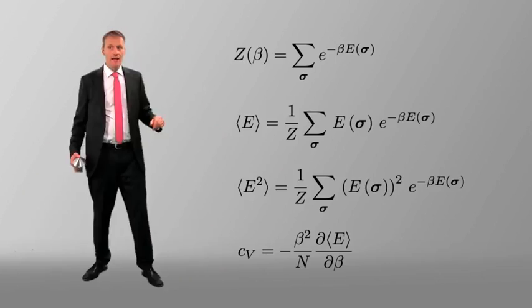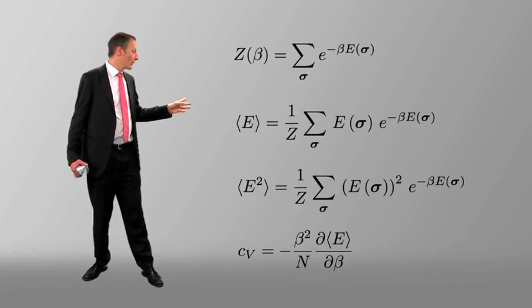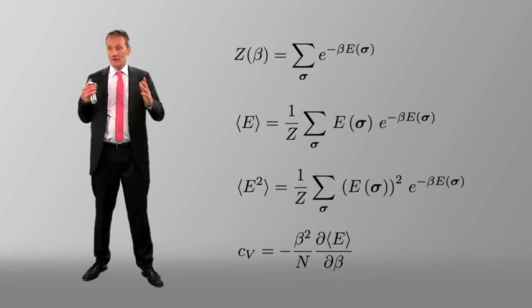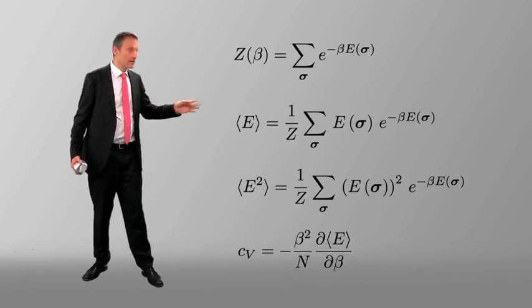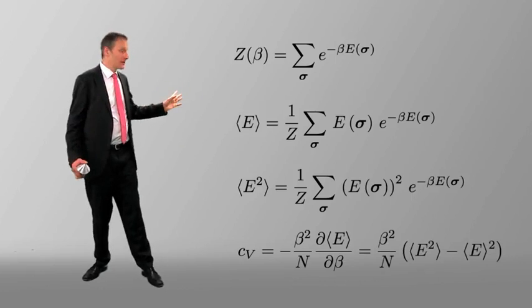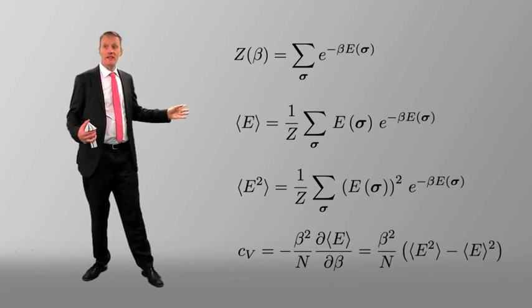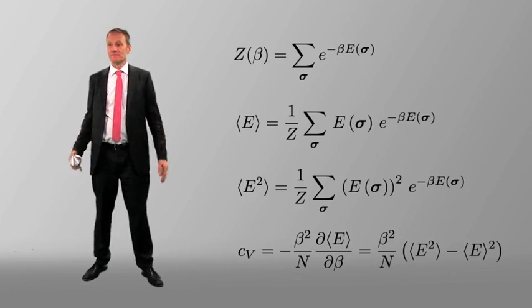First of all, the specific heat, although it is a derivative with temperature of the mean energy, does not have to be computed by numerical derivation. It is simply given by a quantity that is proportional to the variance of the energy.